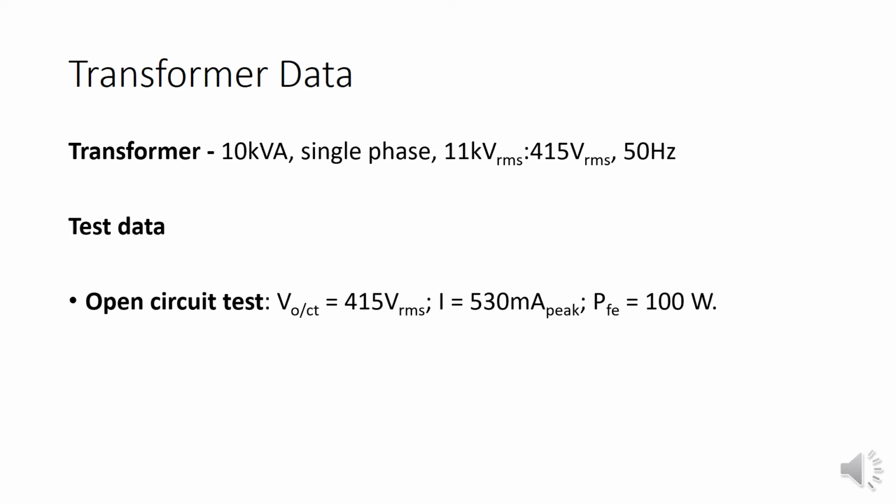So when the output is at 415 volts, the primary side is equal to 11 kilovolts.